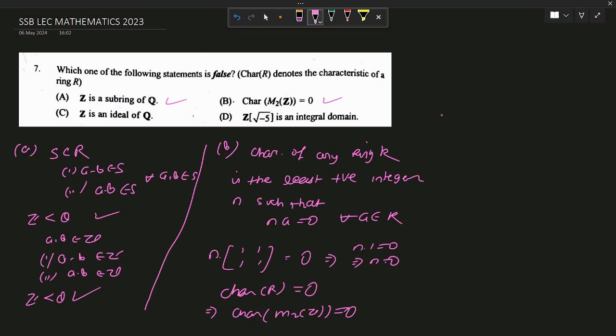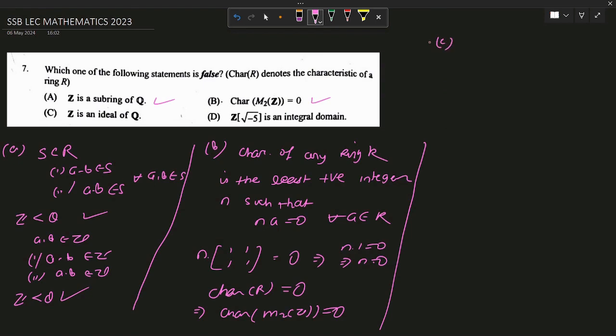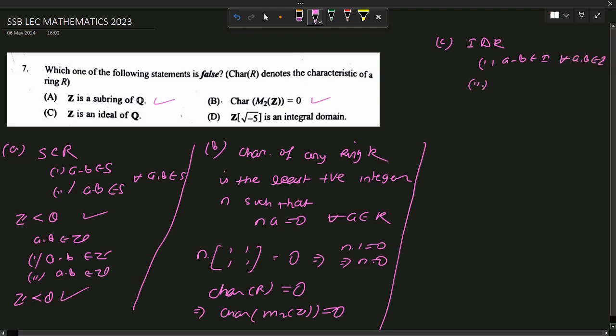Now come to option C. Option C says Z is an ideal of Q. When we say a subset I of a ring R is an ideal of R, it must satisfy these two conditions: a minus b belongs to I for any a, b belongs to I, and both ra and ar must be in I for any r belongs to R and a belongs to I. So is it true that Z is an ideal of Q?